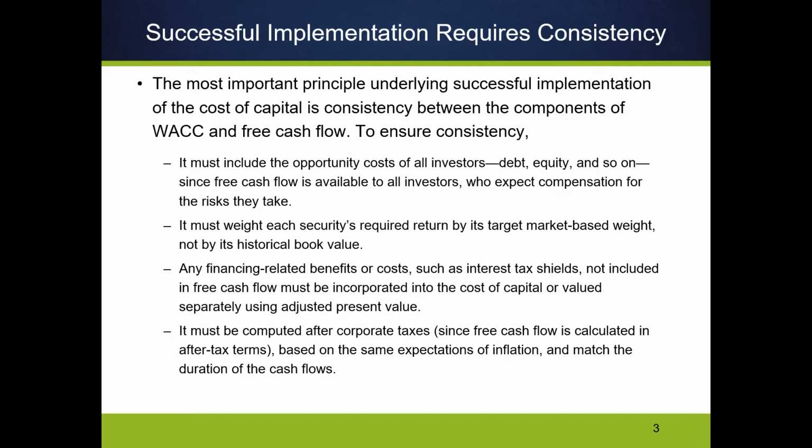Then we want to make sure that any of the financing benefits or costs that we've excluded in our calculation, we include here in free cash flow, or we value it separately using an APV model. And so what that means most of the time is, remember that when we calculate NOPLAT, we don't consider interest expense. So I work my way through operating profit, revenue minus operating cost minus depreciation.